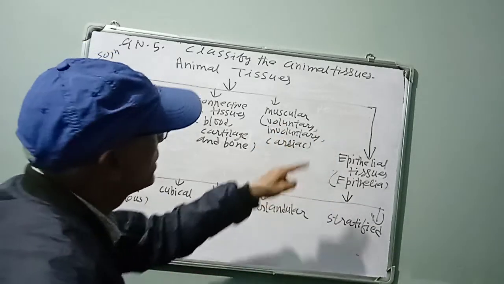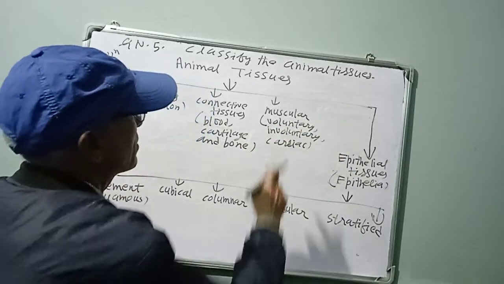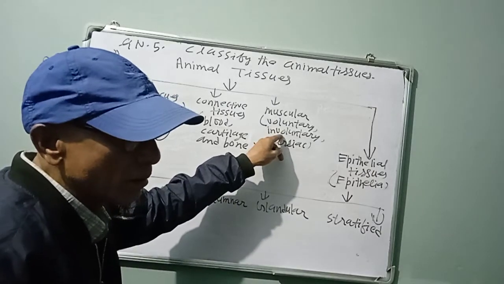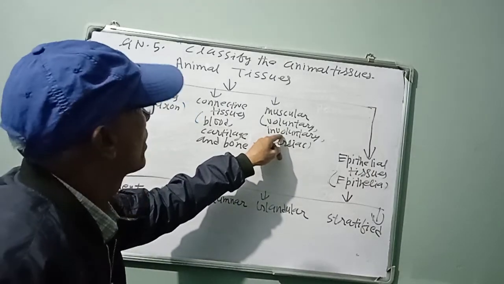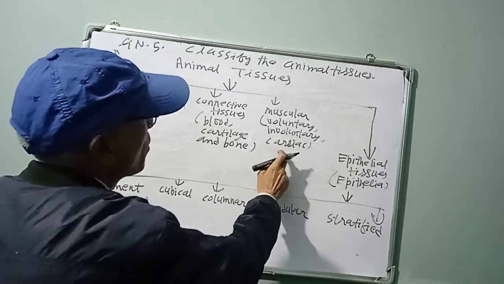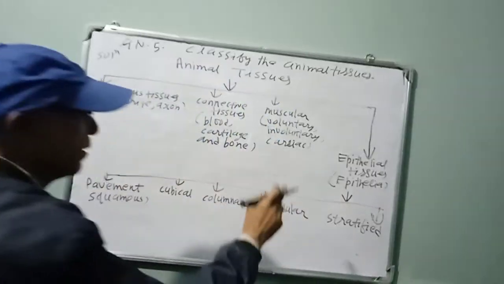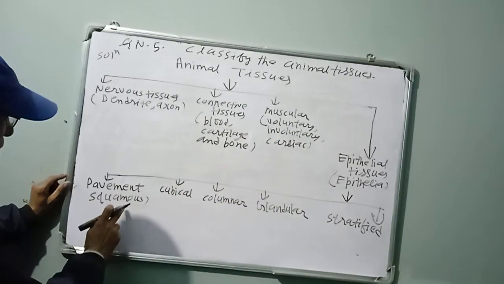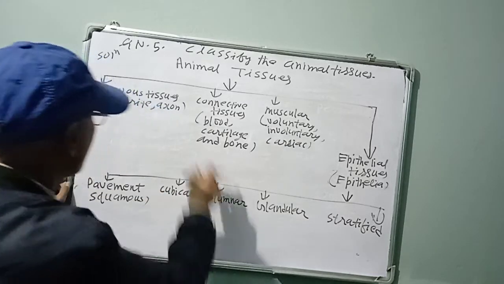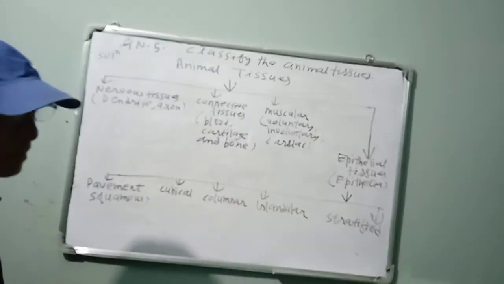Voluntary, we can move it according to our wish. For example, hand, legs, etc. Involuntary, we cannot move them, just like internal organs like heart, lungs, etc. Cardiac, found in the heart. Epithelial tissues or epithelia, four types: pavement or squamous, cubical, length breadth height equal, columnar, just like a column, top to bottom, glandular, and stratified.